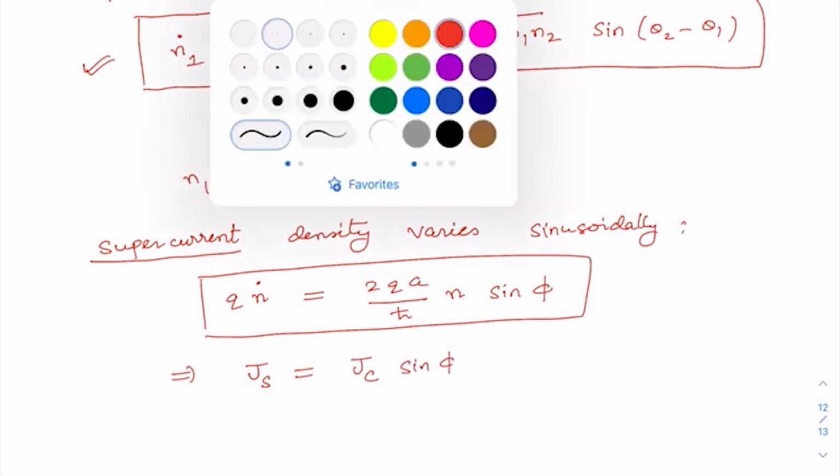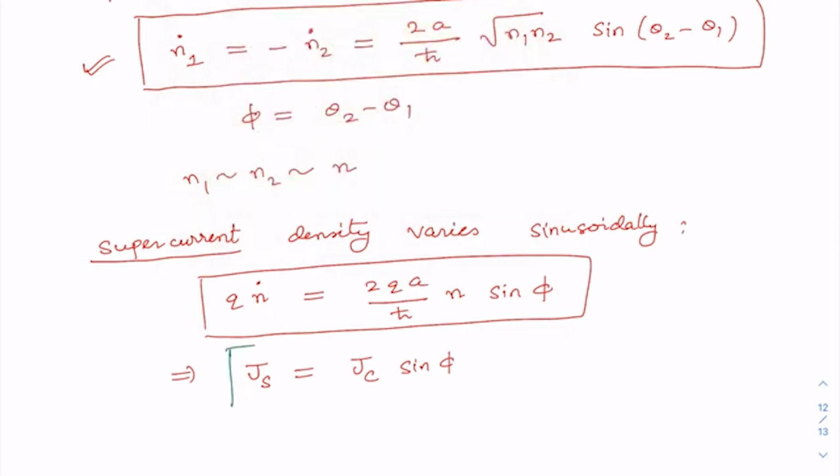So this is a very important expression that we obtain here, and Jc is the critical Josephson current density, which is here 2qA by ħ into n, right? So this is what I have.